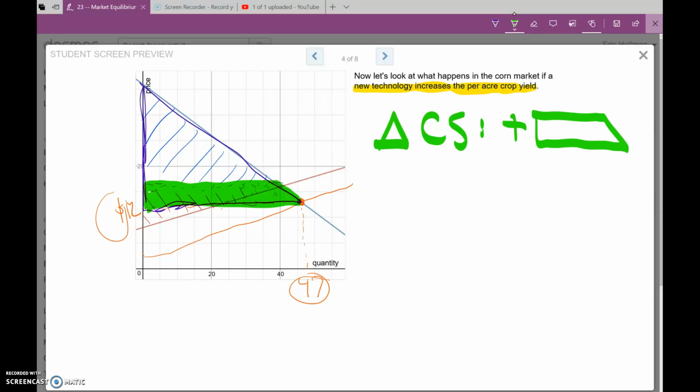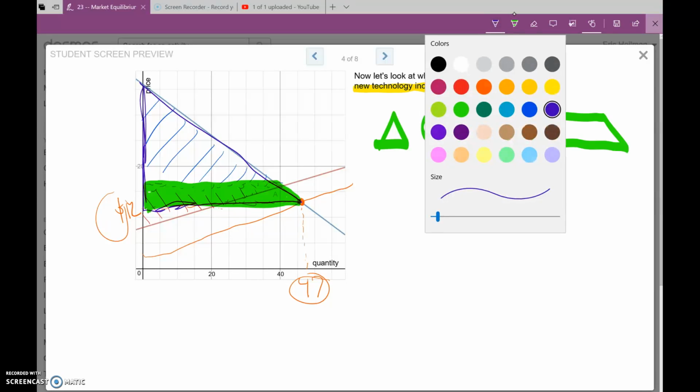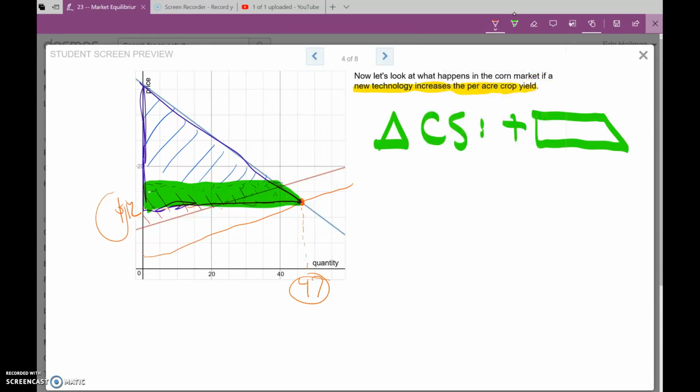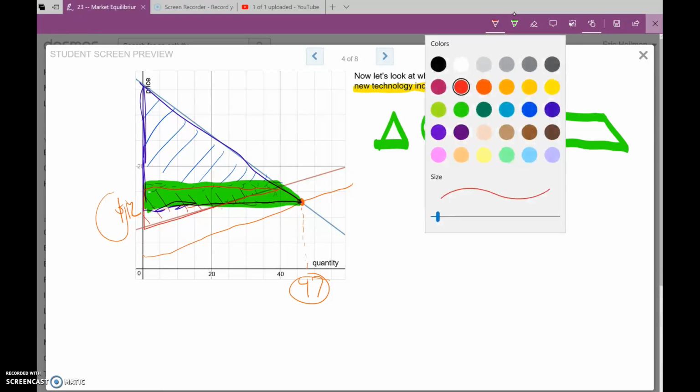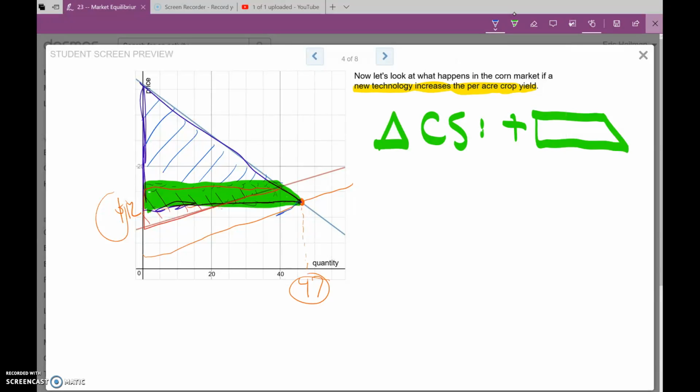Okay, so let's talk about the change in producer surplus. The original producer surplus was this red triangle here. The new producer surplus is everything above the supply curve, but below the new price of $12. So it's this triangle.